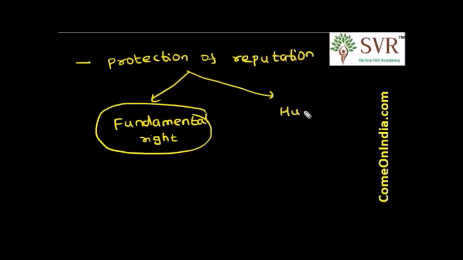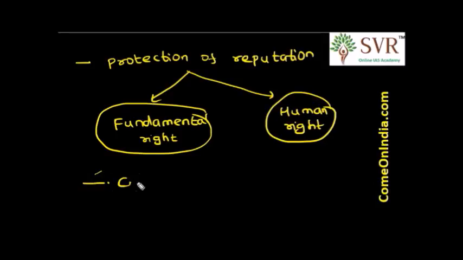So criminal defamation serves the social interest. Under civil law, the person defamed can move either the trial court or the high court and can seek damages in the form of monetary compensation from the accused.